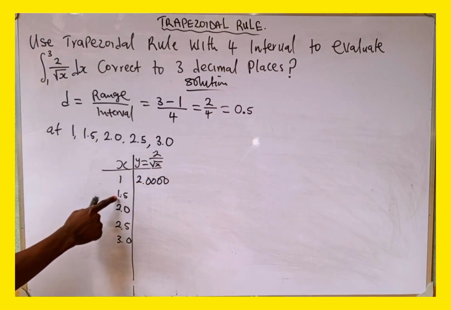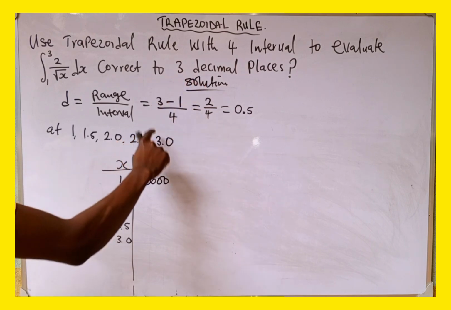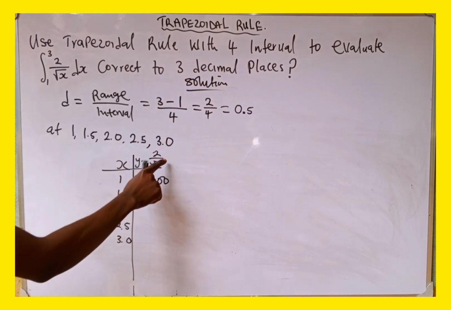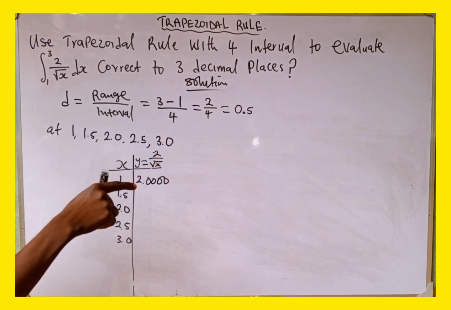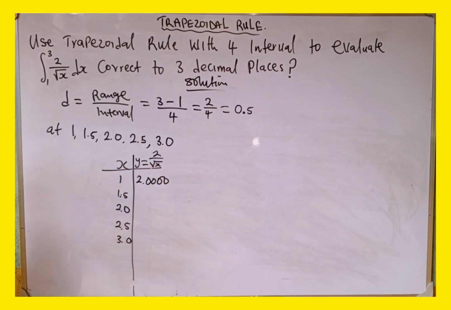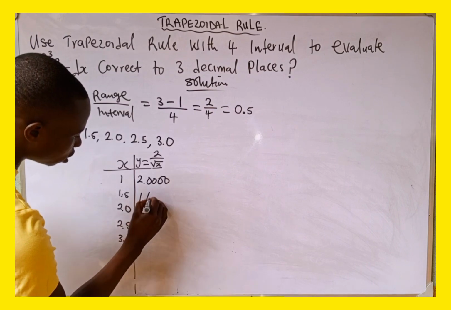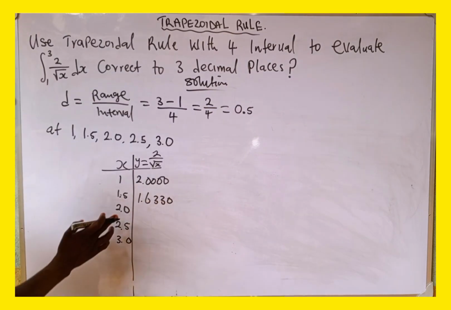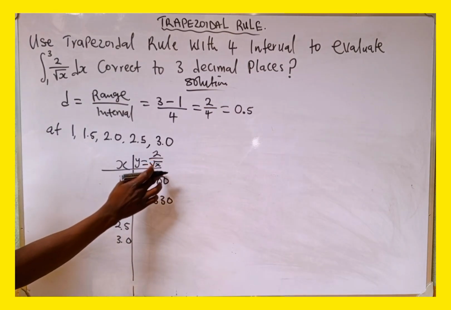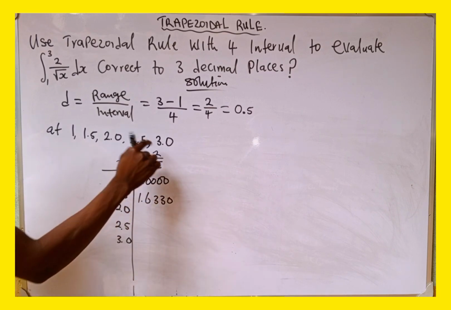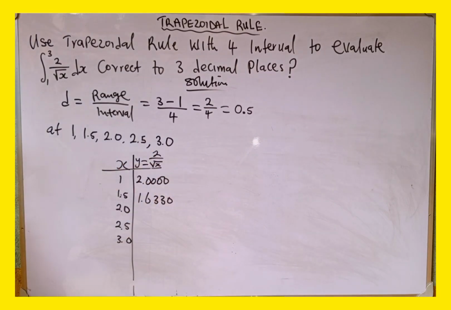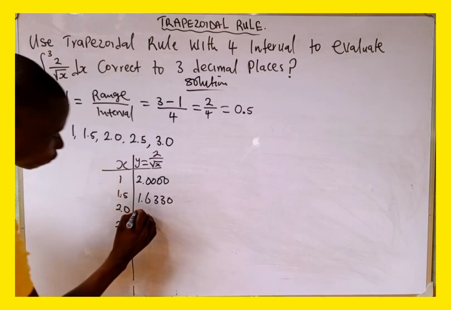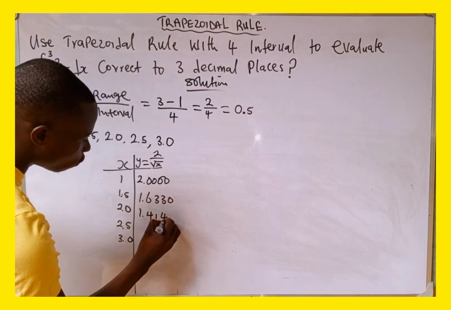The next one, if you plug in 1.5 in place of this x: root of 1.5, press equal to, then 2 divided by the answer gives us 1.6330. Also plug in 2 here: root 2, press equal to, then 2 divided by the answer gives us 1.4142.